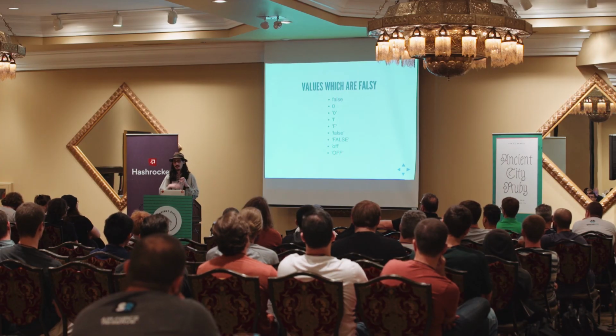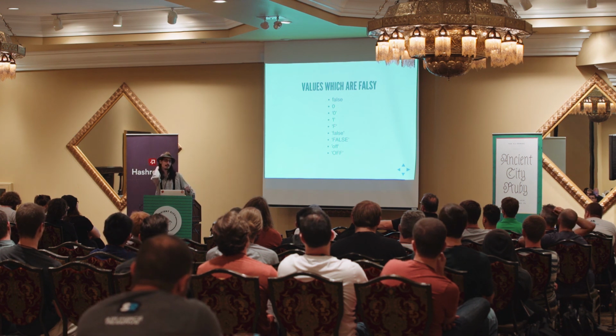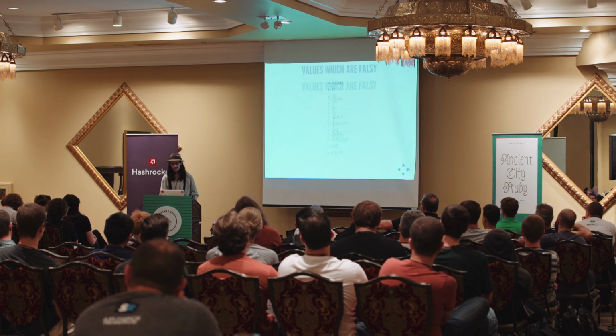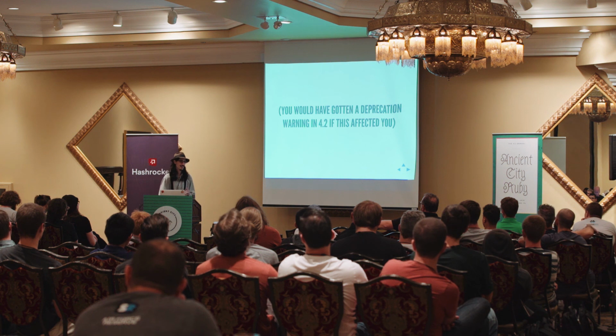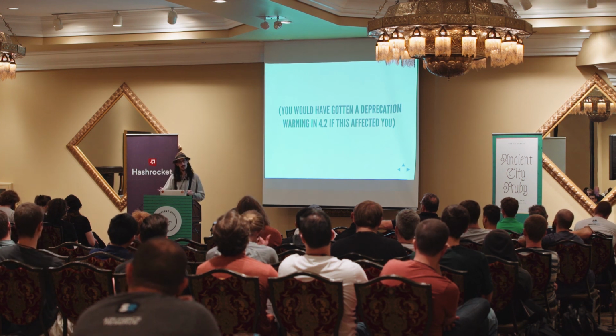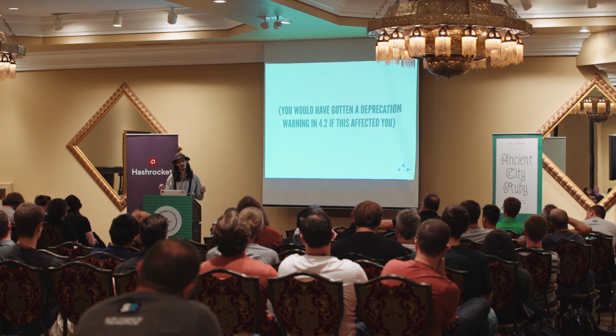And don't worry if you're in the back freaking out like, oh my god, but we're assigning some regex capture to our isAdmin field on user, and now we're going to make everybody an admin. You would have gotten a deprecation warning. This change went into place actually in 4.2. Well, not by default, but we started looking to see if there was a value that was not in that explicit whitelist and was not in the explicit new blacklist.